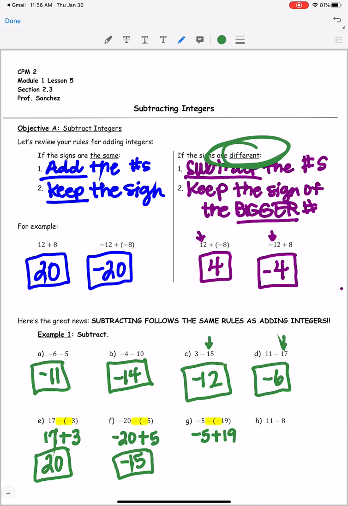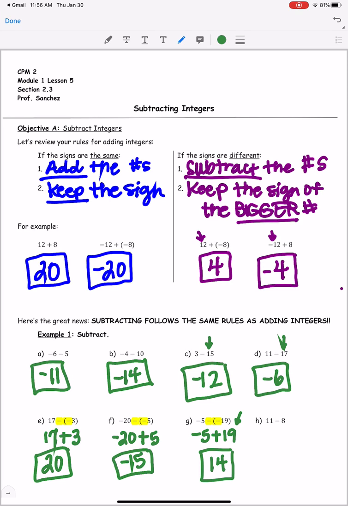We have different. So subtract bigger minus the smaller one. So 19 minus 5 gives me 14. And then keep the sign of the bigger number. My bigger number is 19, and that is positive.